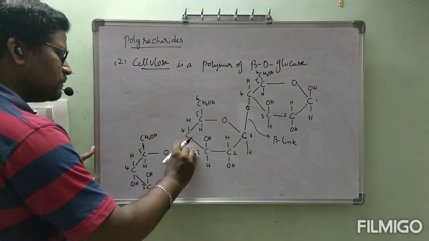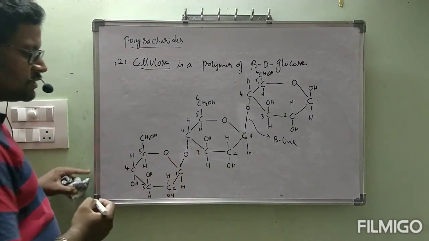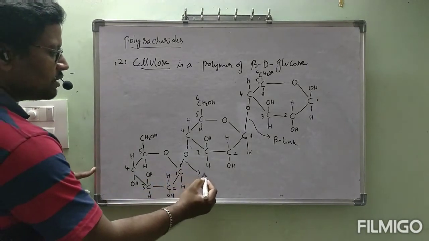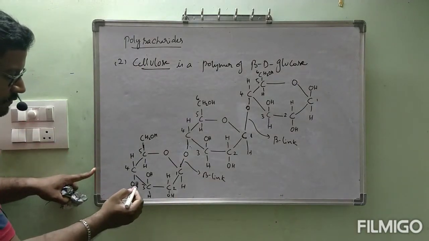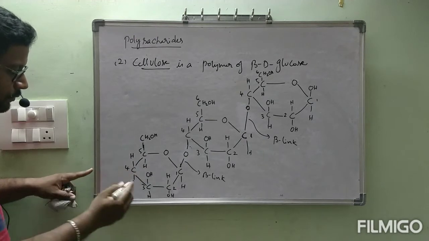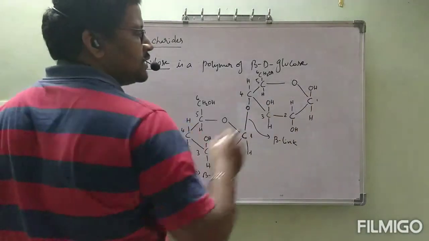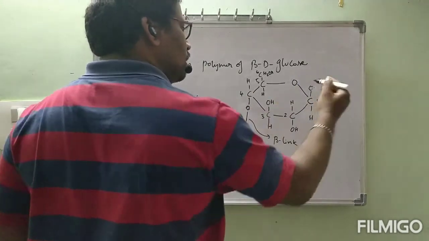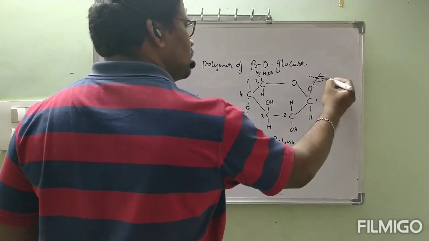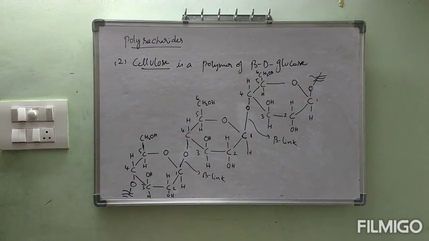Now the bond is present between the same C4 of this molecule and C1 of this molecule. Again, this is also called beta link or glycosidic linkage, and this C4 and C1 will be continued like this, and this C1 is there. This is going to be continued like this. Beta linkages will happen. This is the structure of cellulose.